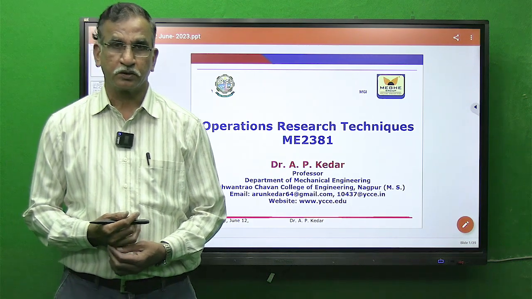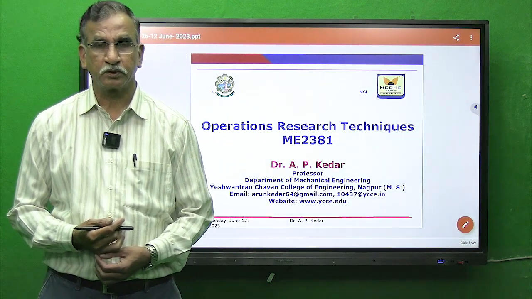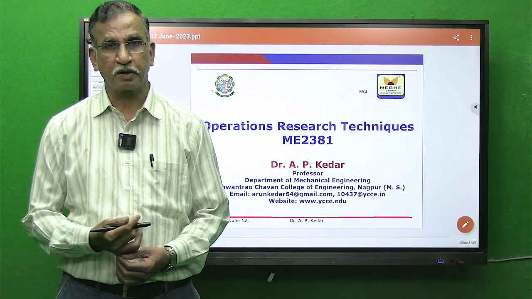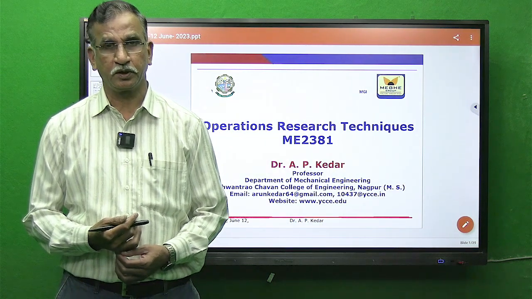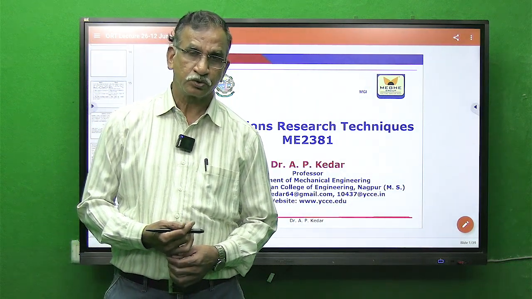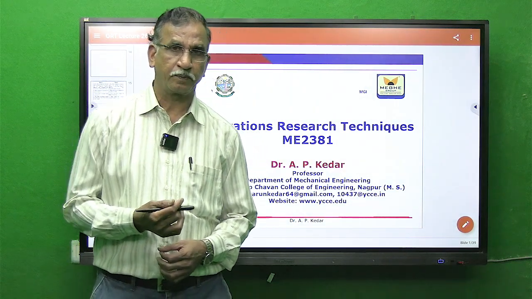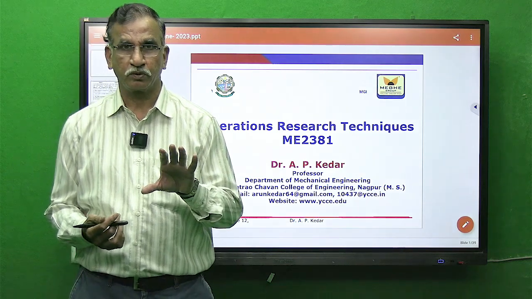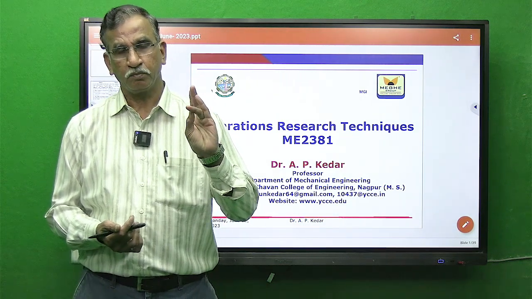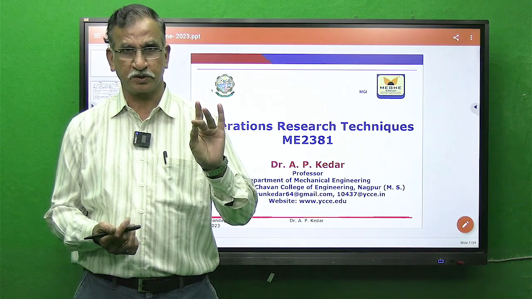In the earlier lecture, we finished with estimation of various parameters of a PERT network, program evaluation and review technique. The important terms we came across in PERT were optimistic time, most likely time and pessimistic time.